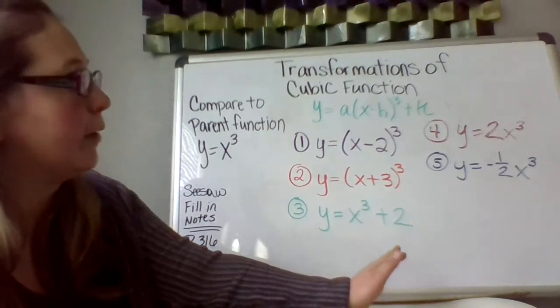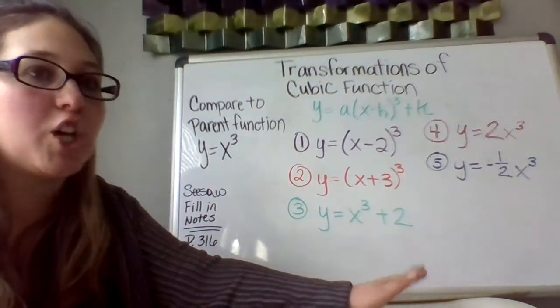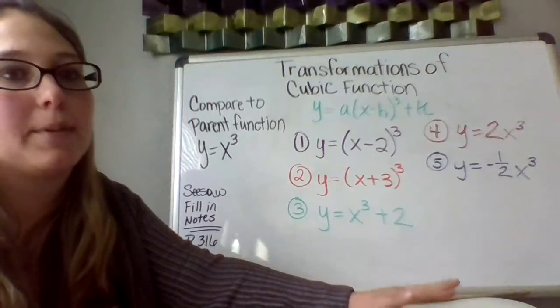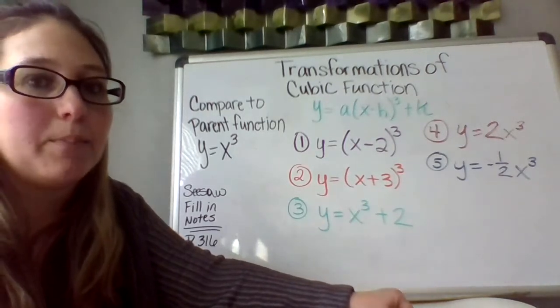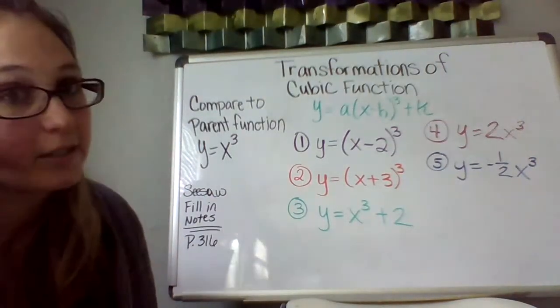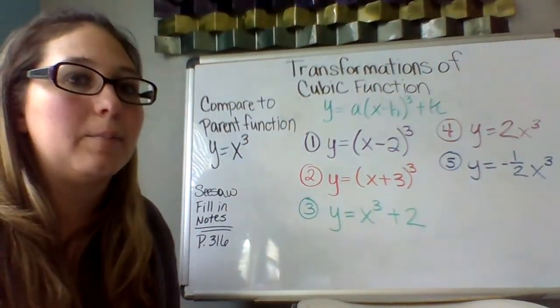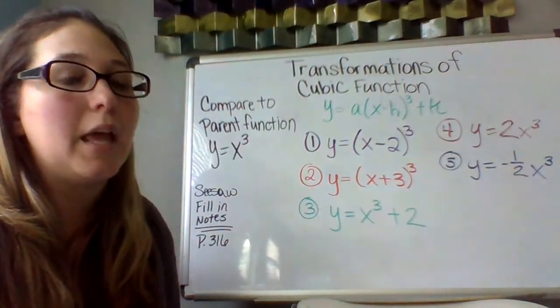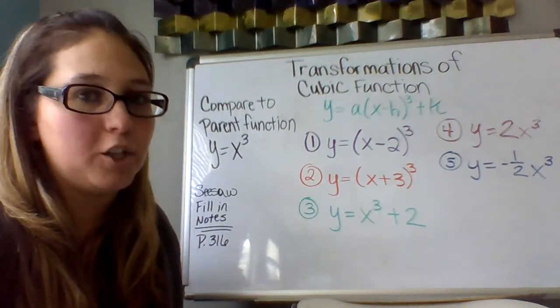So we want to see what happens if I just change h, if I just change k, and if I just change a. And then obviously, as we get further in, what happens if I change all of them? They'll do different things.